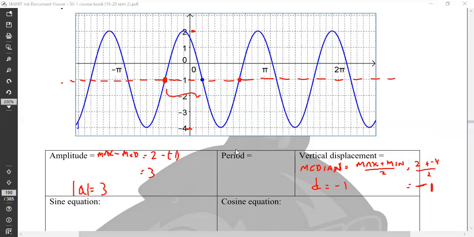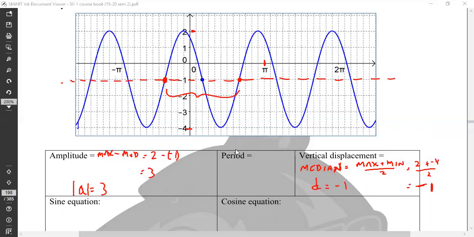How far is this? So if I'm needing to find how far this is, now we need to figure out this scale and what's going on with this grid. If I'm counting from 0, 1, 2, 3, 4, 5, 6, 7, 8, 9, 10, 11, 12. It looks like these grids are each pi over 12.